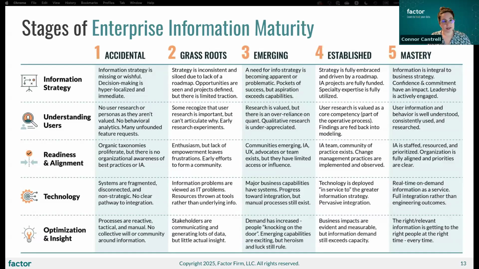It's possible each of the elements here may be at a different maturity stage. For example, an organization can have a really established understanding of users component, while maybe having more of a grassroots information strategy component. But the overall maturity stage for the enterprise may average out to emerging.